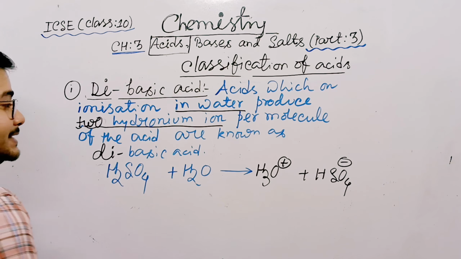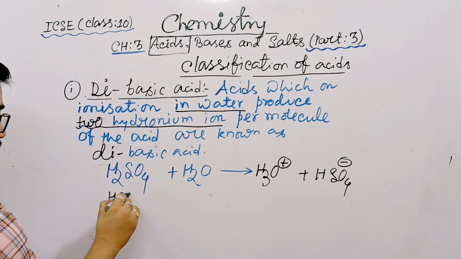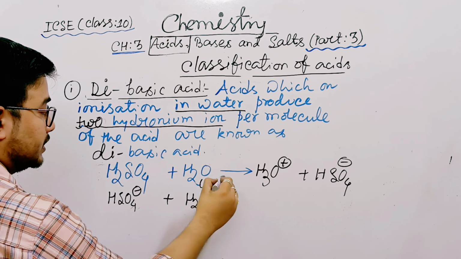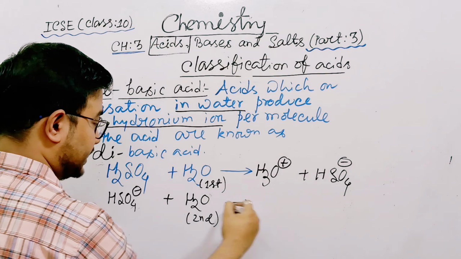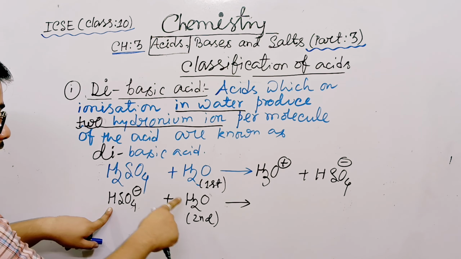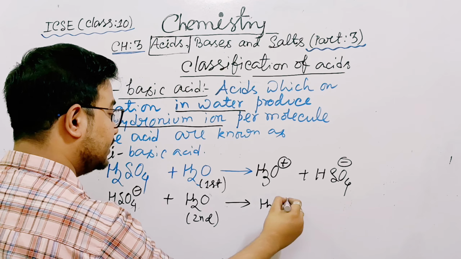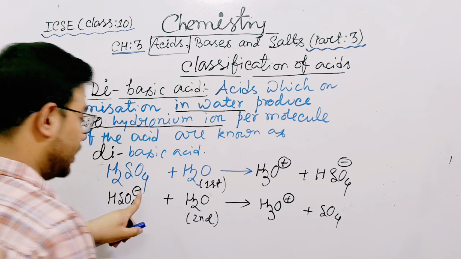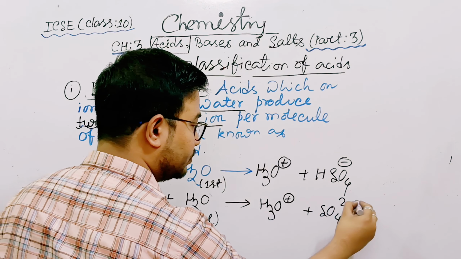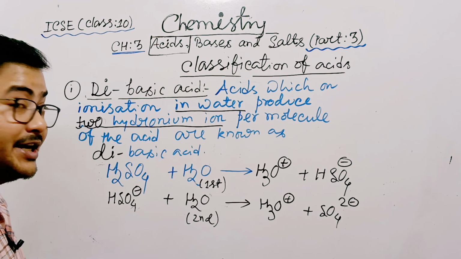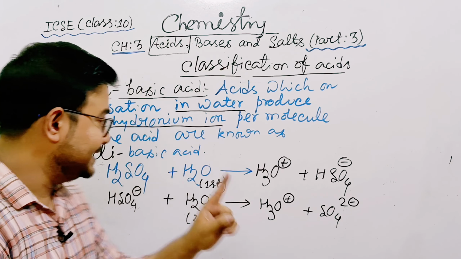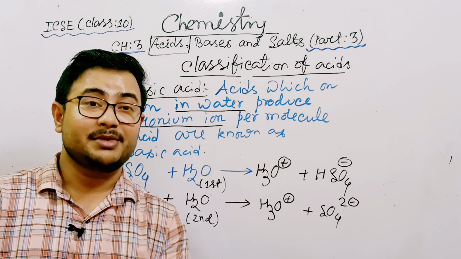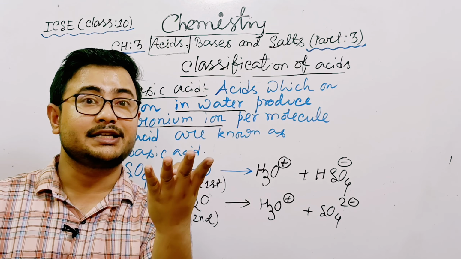Done? Okay. In the second step, again take this HSO4 minus and give it a second molecule of water. See, the other H combines with this water to produce another hydronium ion. Now SO4 minus, and already 1 minus is here, so another new minus, so 2 minus. So that I told in the previous case, monobasic acid cleaves in a single step. Since it is dibasic acid, it cleaves in 2 steps. Tribasic acid cleaves in 3 steps. Tetrabasic acid cleaves in 4 steps.